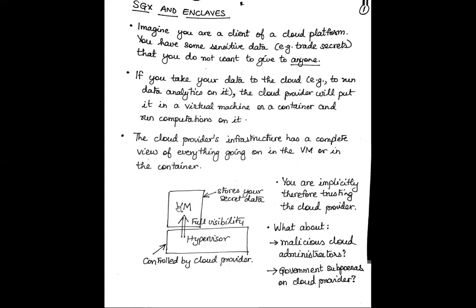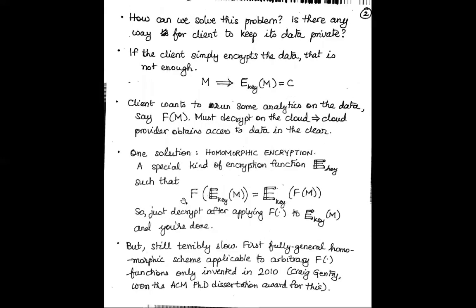The problem happens if you want to do any sort of interesting computations on the data in the cloud itself. So if the client wants to run, let's say, some data analytics on this data, and we will represent that data analytics operation via this function f. Okay, so you want to apply this function f on this data m, and f produces some outputs, right?